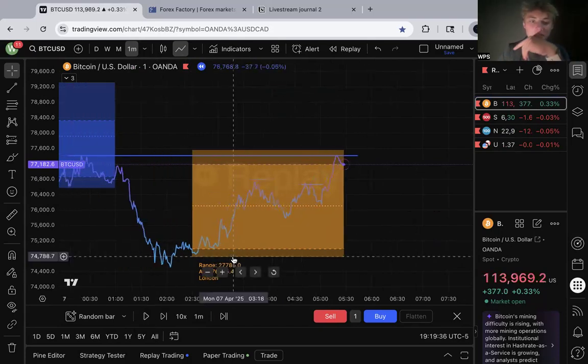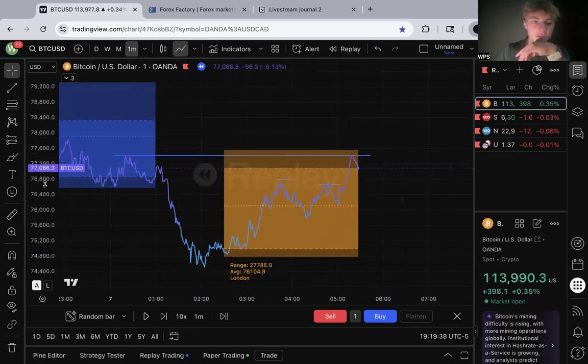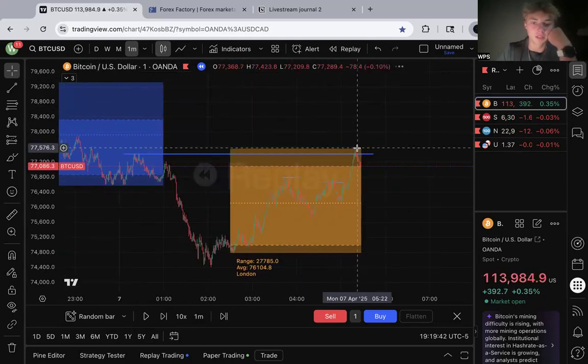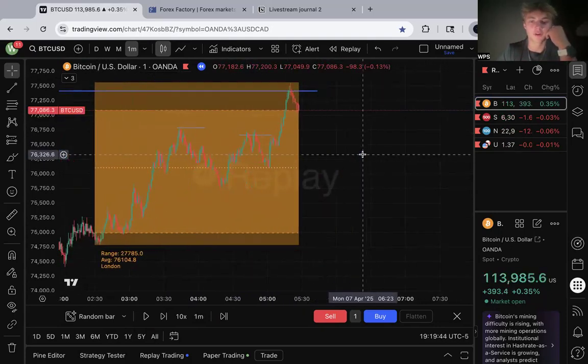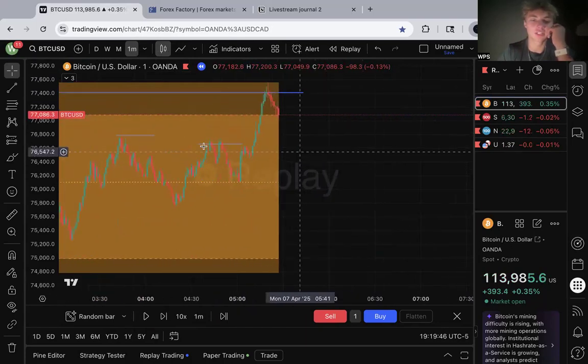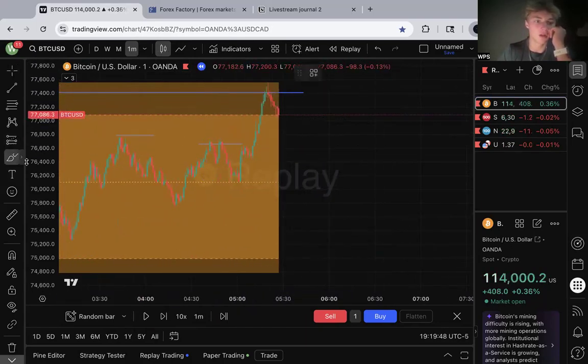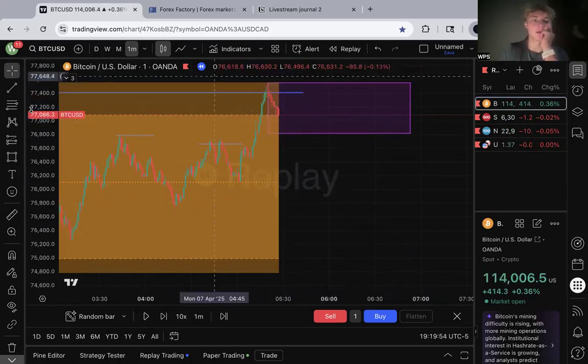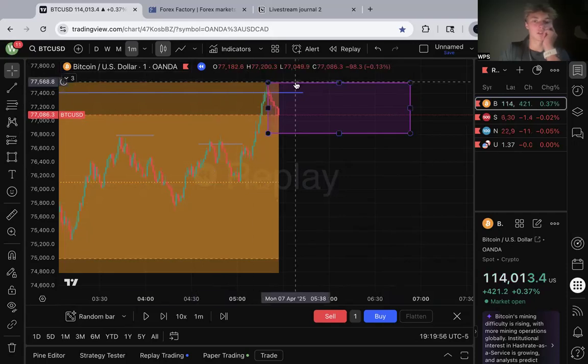We do hit that peak, so we are sweeping that liquidity with this one move right here. And what I'm looking for now is some sort of retracement. We see a very well made order block right here. So just looking for price to come out and then back in.